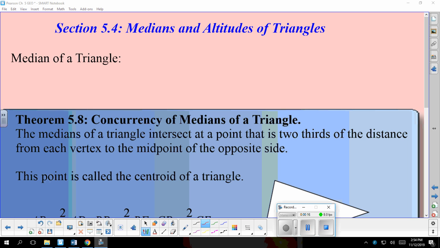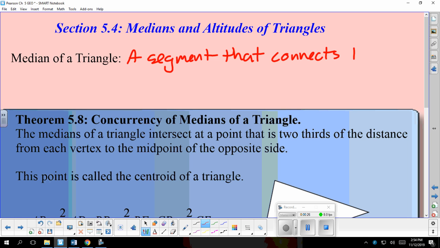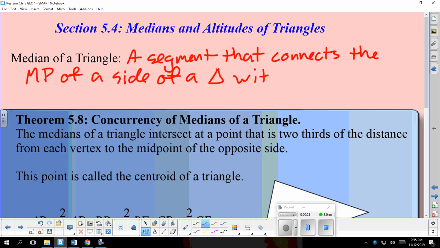A median is a segment that connects the midpoint of a side of a triangle with the opposite vertex. Next, the midpoint to the opposite vertex.